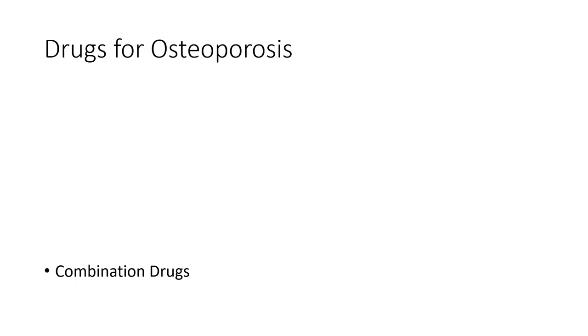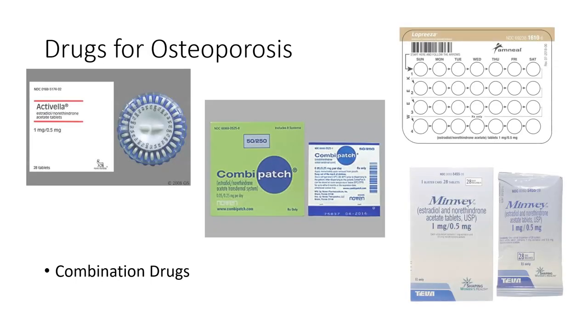So there's two main combinations that I'm focusing on. The first one is a combination of estradiol with norethindrone. Now, to be honest, these are also combinations that are used in birth control. But this medication is meant for a postmenopausal woman. So this is not meant as birth control, although it looks like a birth control.